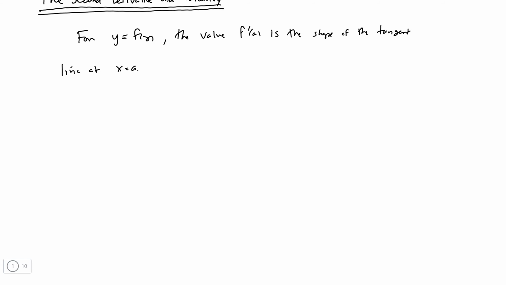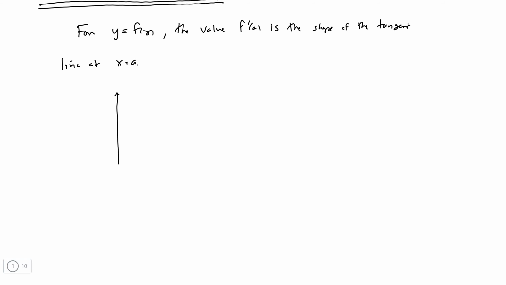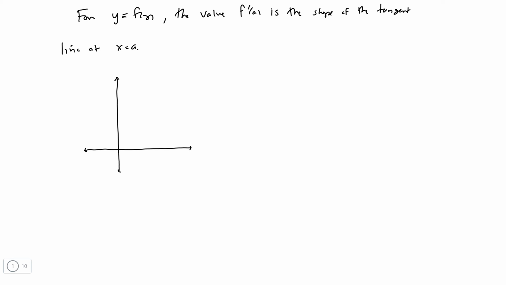If we think about what this means geometrically, we can look at it in terms of the slope being positive or negative and what that tells us about the function. If the slope is positive, my function looks like this. This tangent line has a positive slope, so the function has to be increasing.